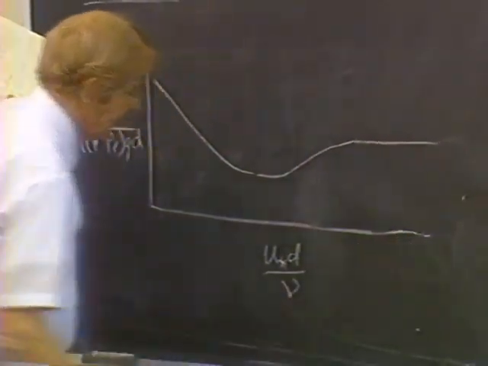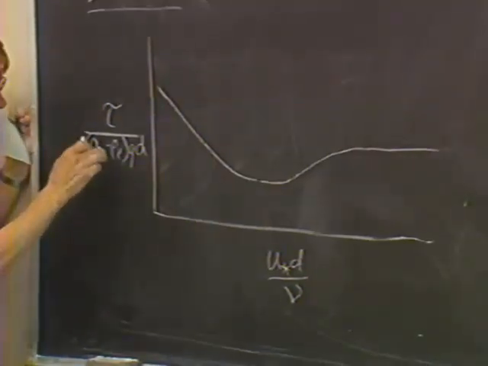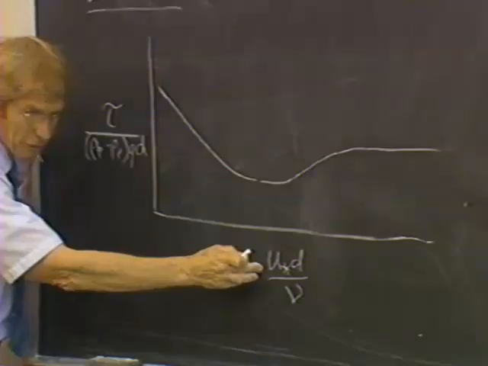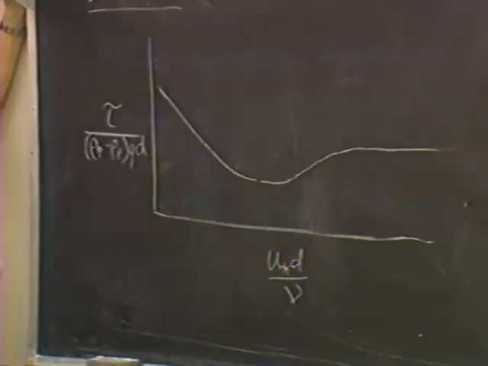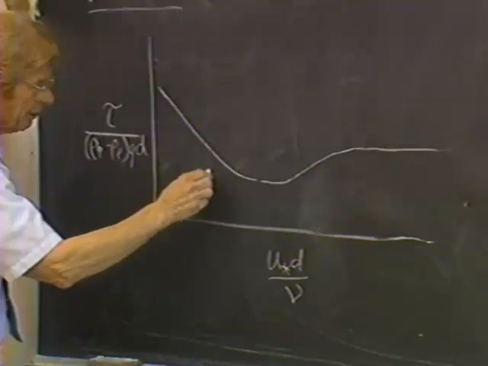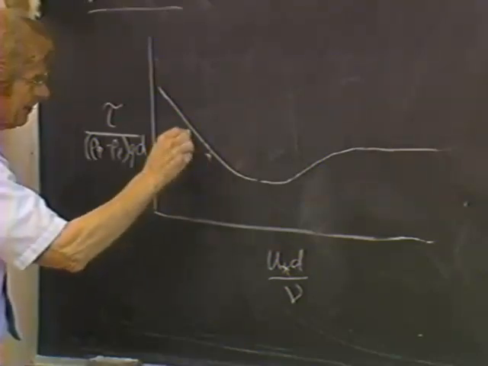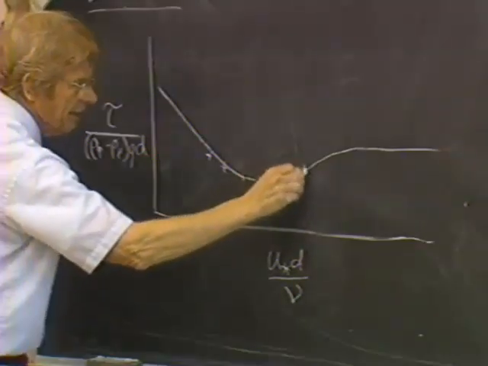This is no motion, and this is motion or transport. The curve is just a boundary between those two conditions. It's useful because if there's no motion of the grains, then you don't have to worry about transport at all. It's only when there is some motion.